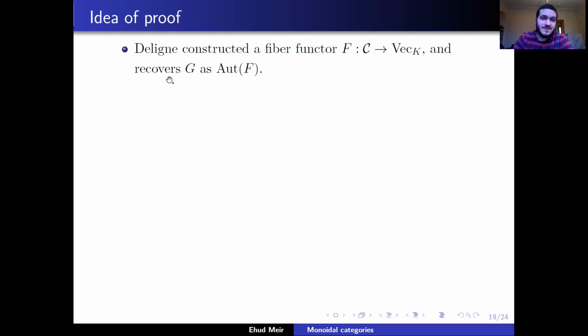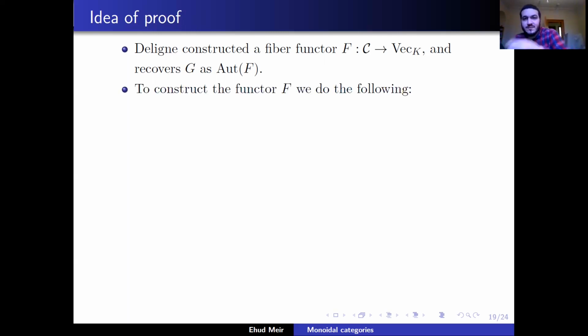Then he recovers the group G as the group of automorphisms of this functor. Again, we can think of a functor as an element in some category, so automorphisms mean natural automorphisms going from F(V) to F(V) for every V.